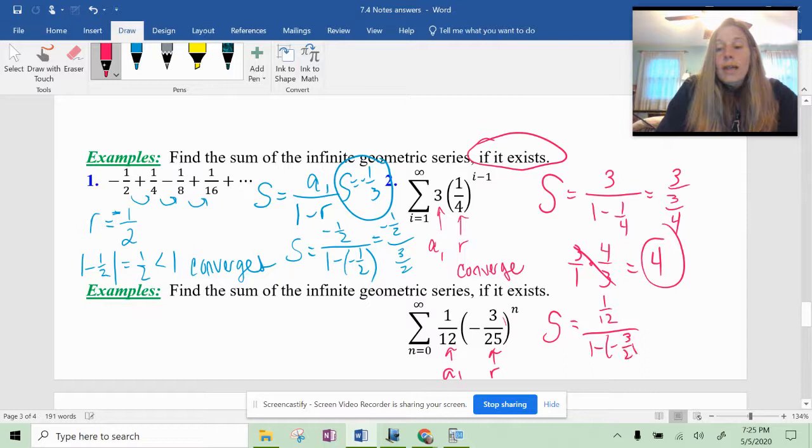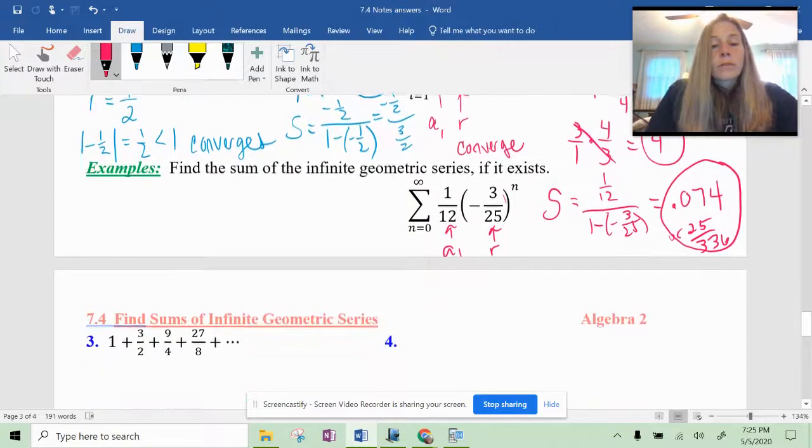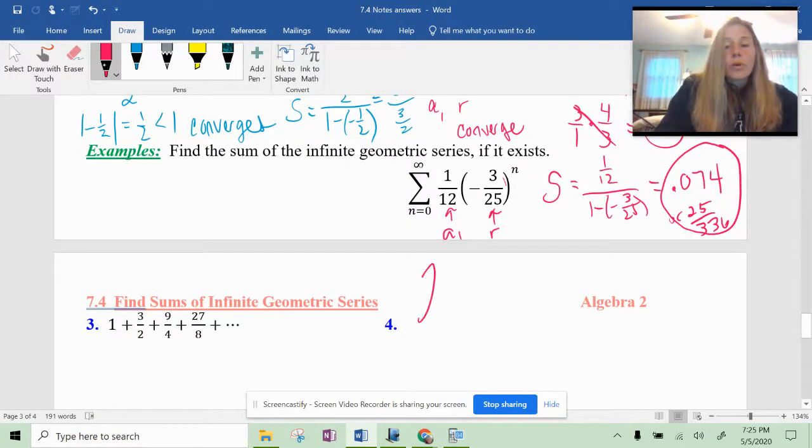Since the r is negative, that will change to a positive. And then when you calculate that out, you will get 0.074 or 25 over 336. So either way, you want to write that sum. That was actually number 4 right there.